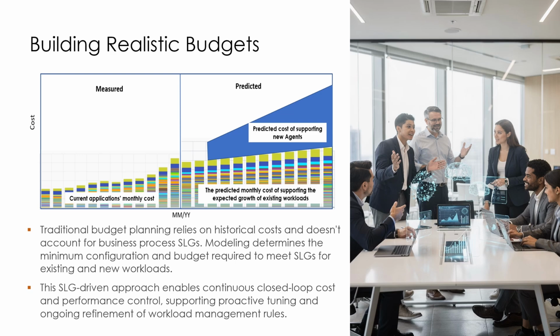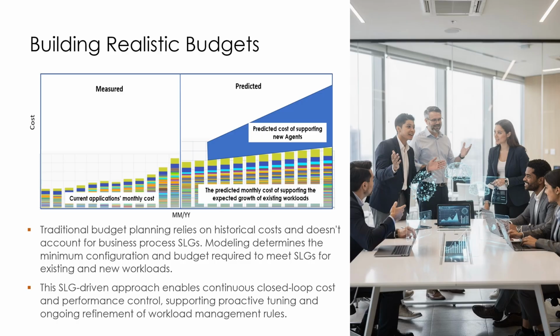Micro and macro control of agents in an agentic AI environment needs coordination and automation of governance. Automation of observability, modeling optimization, and action automation is a foundation of closed-loop performance and cost control.